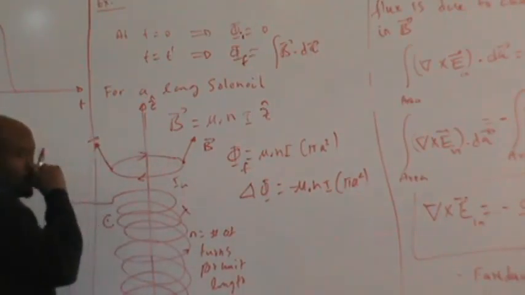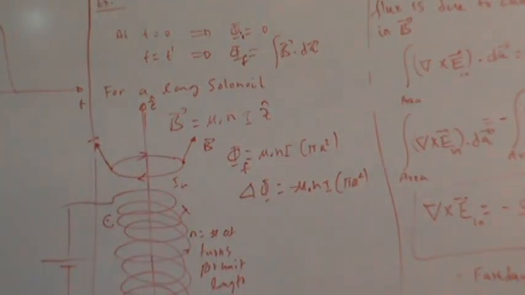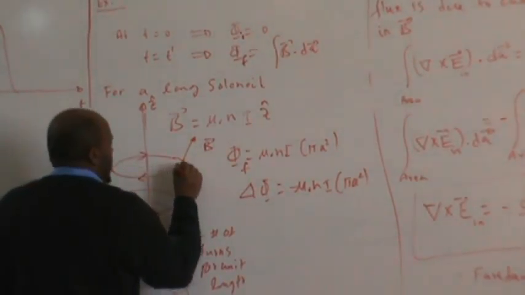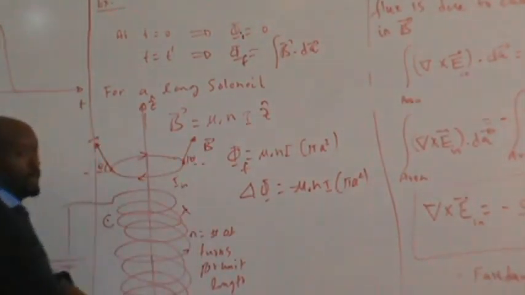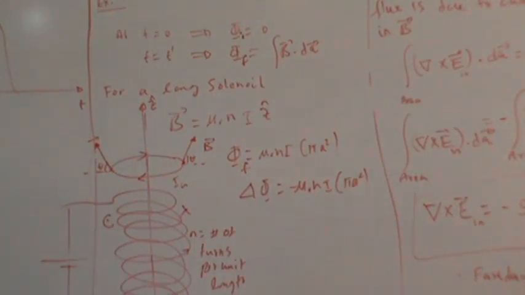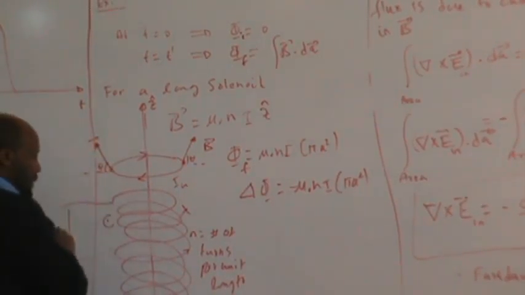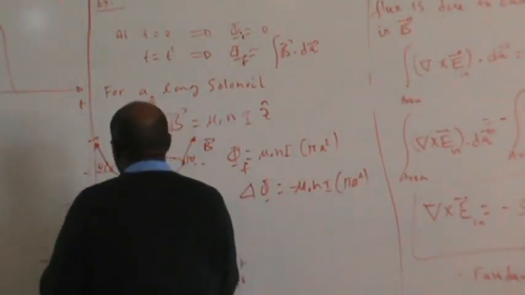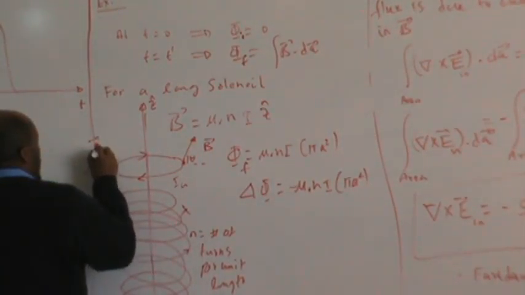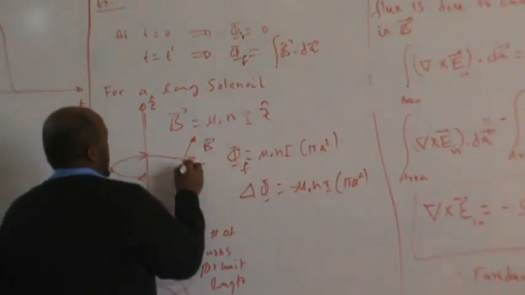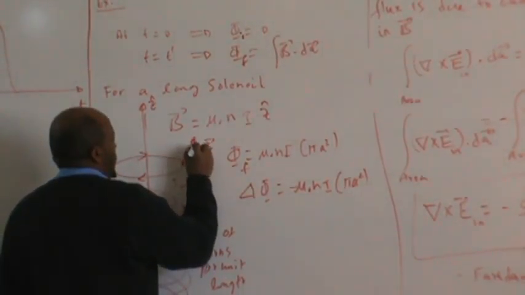If you assume this angle is theta, and this angle is theta, in one of the homework problems you did something similar to this. When you decompose it into two vectors, you have this vector and that vector, and this vector and that vector.